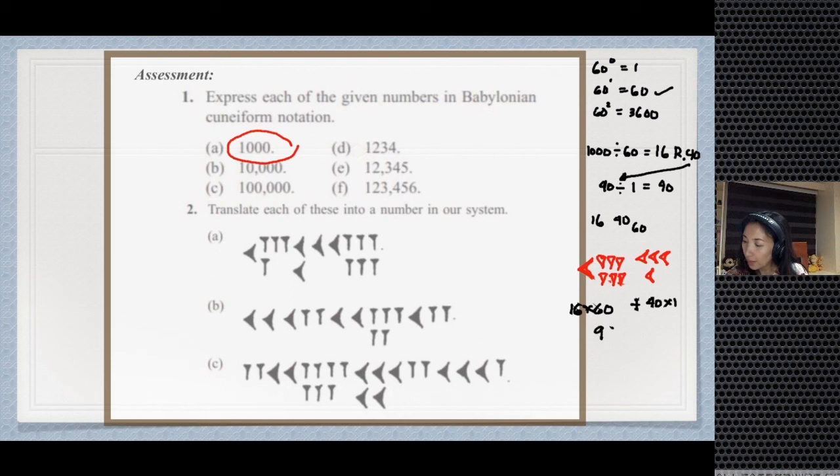960 plus 40 is equal to 1000. So the answer to number 1, letter A, is 1 horizontal wedge with 2 rows of 3 vertical wedges.